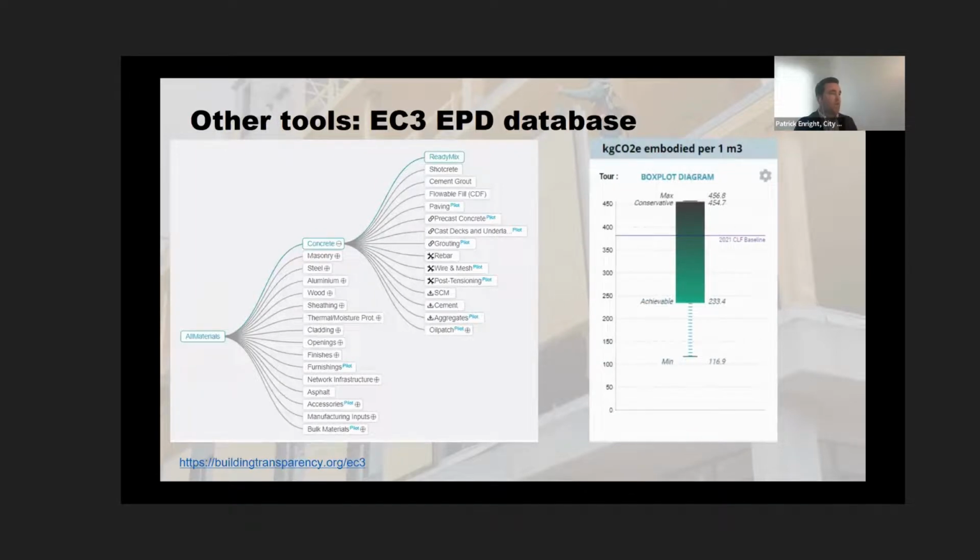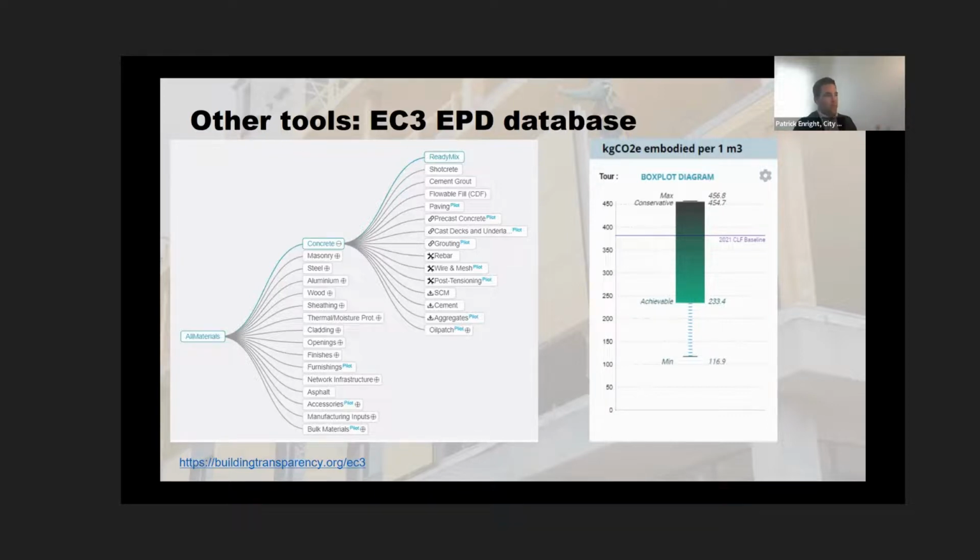And last but not least, I think there's already been some discussion in the chat about digging in further, going beyond the PathFinder tool and the archetypes to look at further ways or more detailed ways to reduce embodied carbon. And I just wanted to highlight the EC3 tool, which is a free online database of thousands of different EPDs from across North America and across the world.